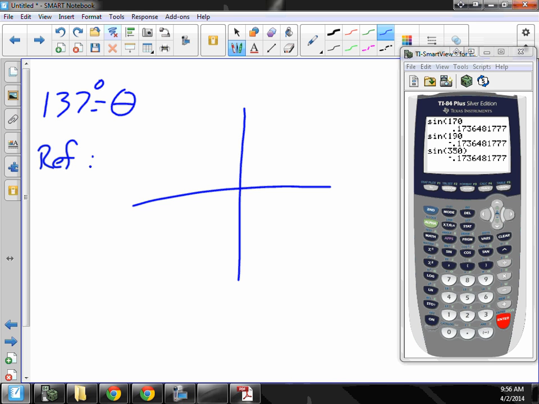Where does the angle land? Quadrant 2. So that's 137. How much more do I need to reach the x-axis? 43 degrees. How'd you find that? What did you type in? 180 minus 137.